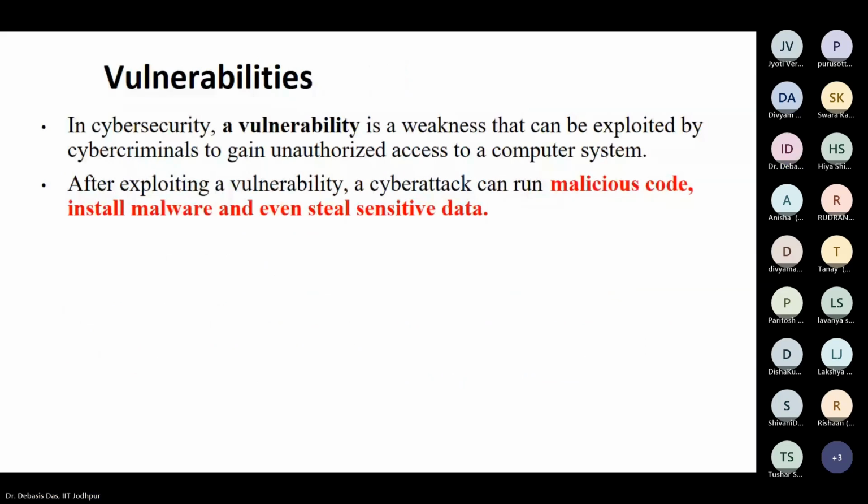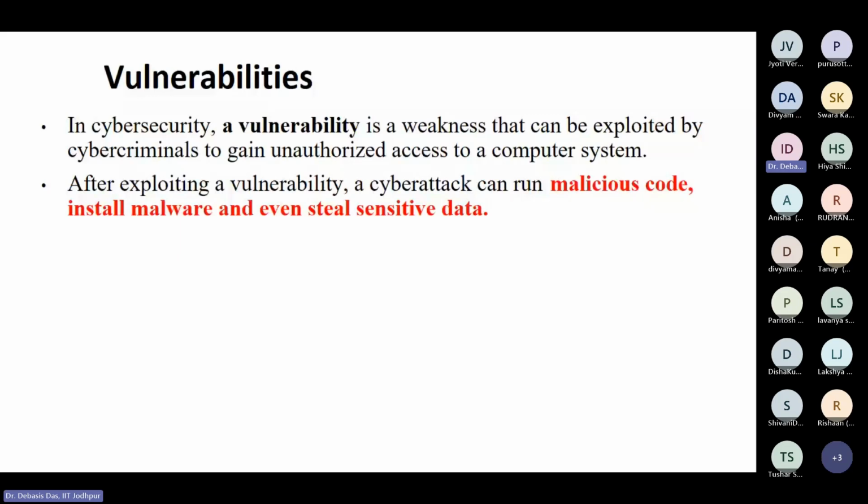Another term is vulnerabilities, the weaknesses that a cyber criminal can exploit to gain unauthorized access to your computer. How does unauthorized access happen? Sometimes we open some sites, so check for HTTP. HTTP, the hypertext transfer protocol, does not give you security.